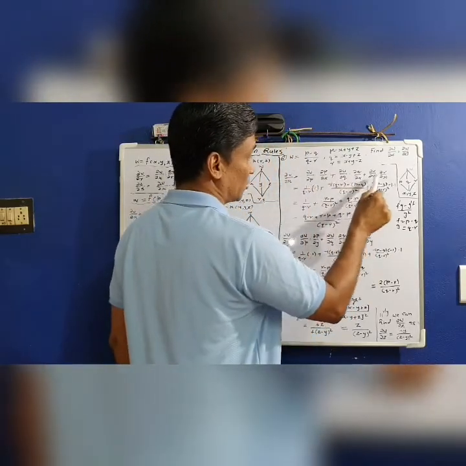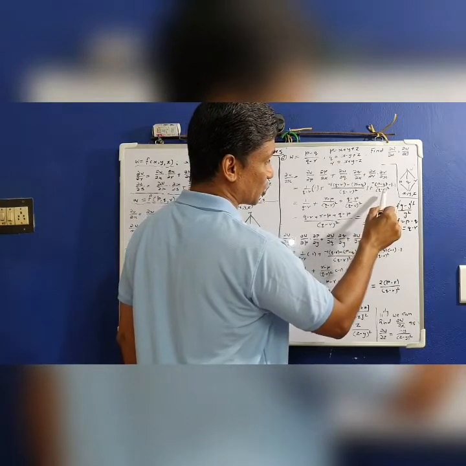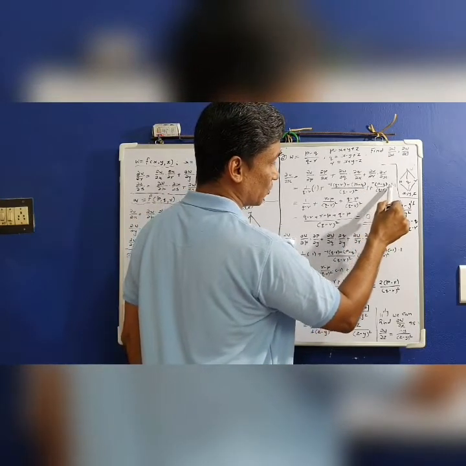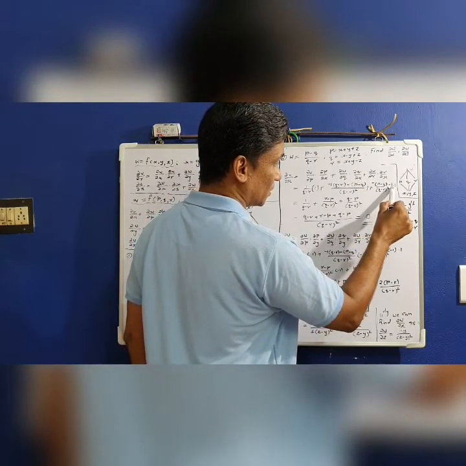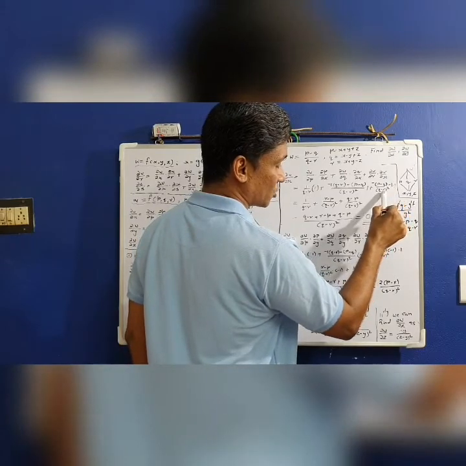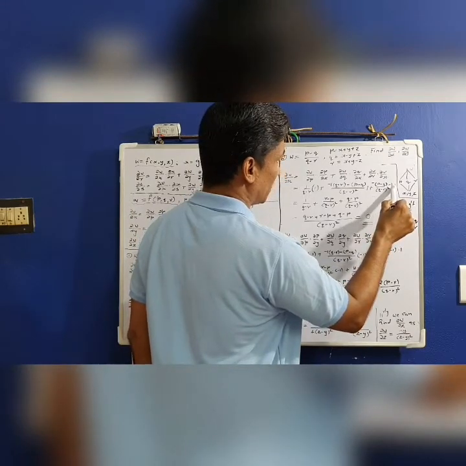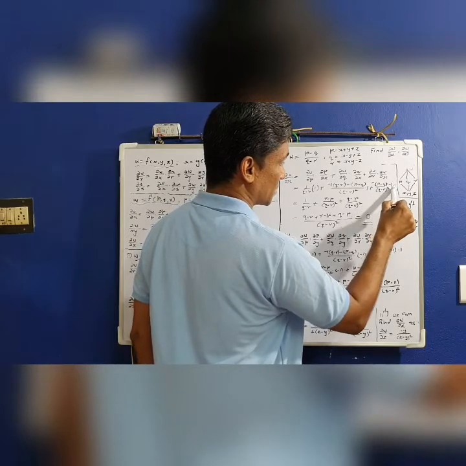So ∂w/∂r means minus of (p − q) by (q − r) whole square into minus 1 into minus 1. The differential of minus r is minus 1.